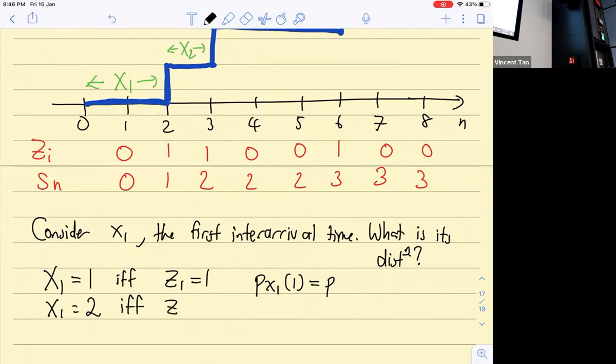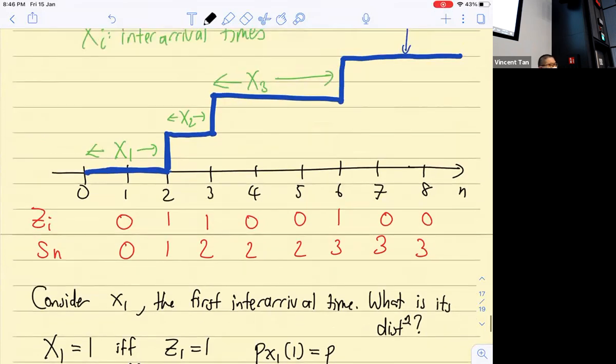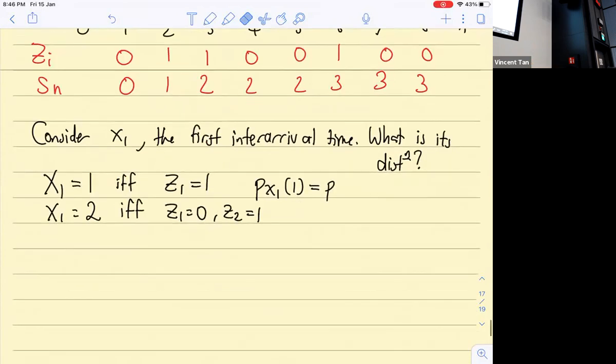Well, Z1 must be equal to 0 and Z2 must be equal to 1. Then X1 will be equal to 2. You agree, right? We need to fail the first time and then succeed the second time. And this probability is: we fail the first time and we succeed the second time.